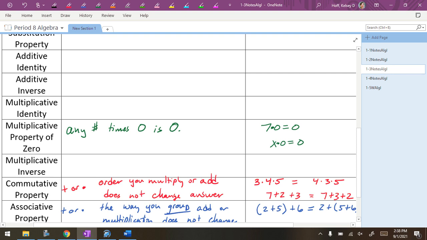Nope. It has nothing to do with switching numbers. Add the inverse. Oh, inverse. You add the inverse. So Meg, is it 6 plus -6? What are you going to get? 0. Every time. So the additive inverse says any number added to its inverse is always 0.